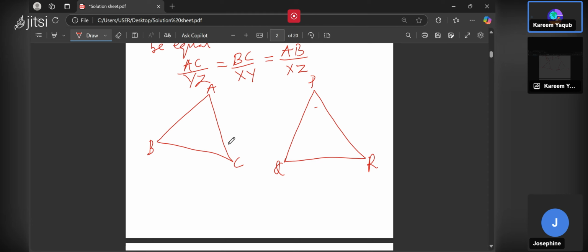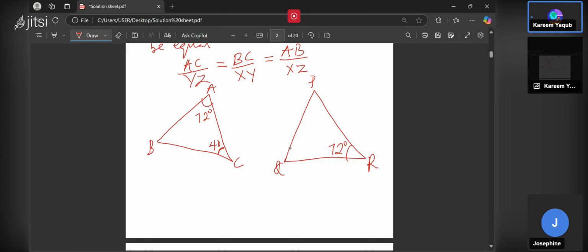So this side is given to be 40, and this side is given to be 72 degrees. And also this side is given to be 72 degrees. And another angle is given.